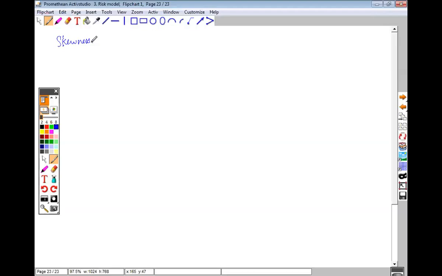Because we are trying to figure out skewness of S here. So we have to basically differentiate this log of M_S(t) thrice with respect to t, right? Does this make sense to everyone?